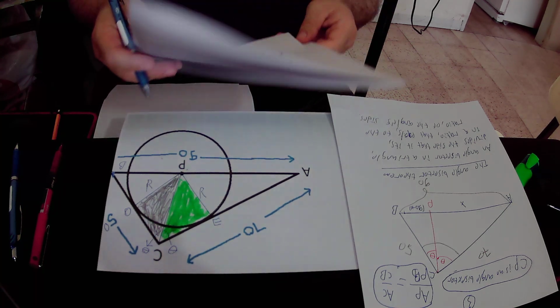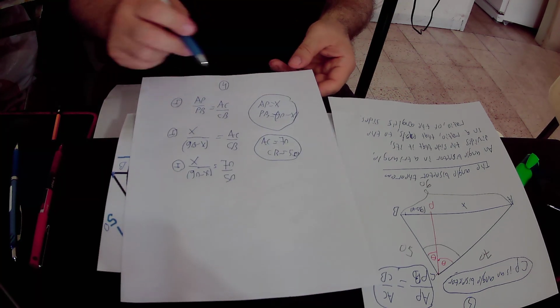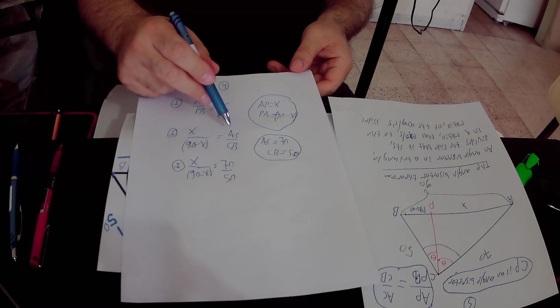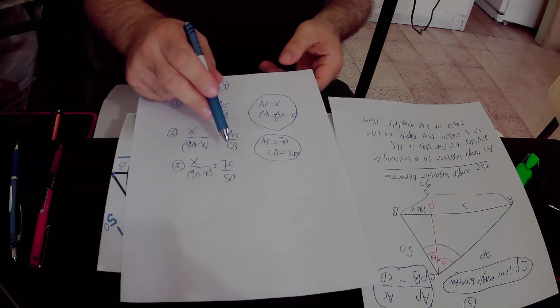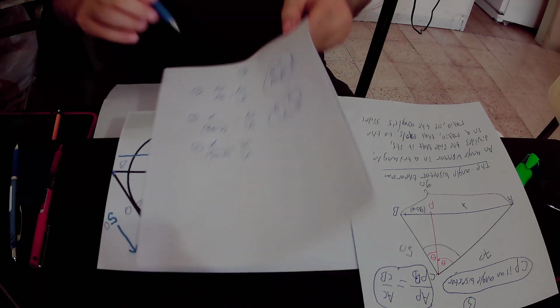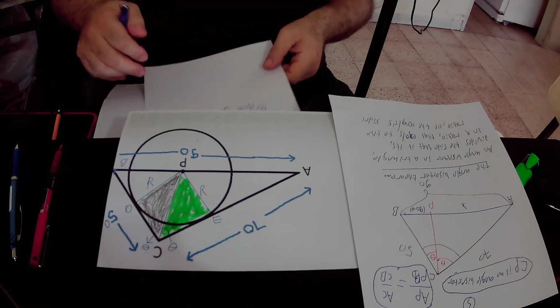Okay, so I replaced AC by 70 and CB by 50. Now 70 equals 7 times 10 and 50 equals 5 times 10. I'll write it down.